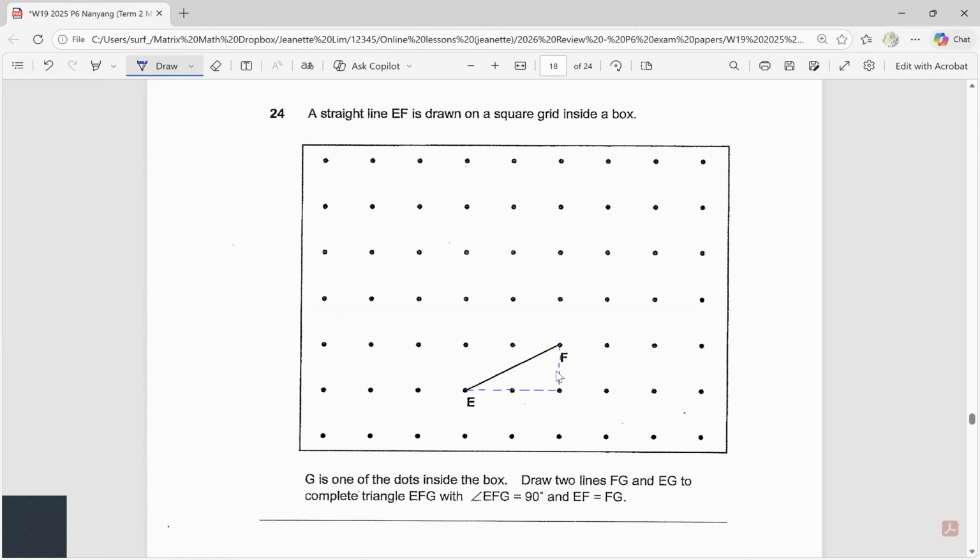From E to F, you go right by 2, go up by 1. So when you want to draw a perpendicular, you do the opposite. So we go 2 right, 1 up. Now we go 2 up, 1 left.